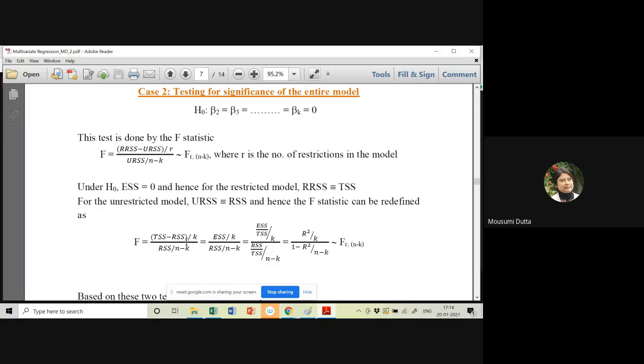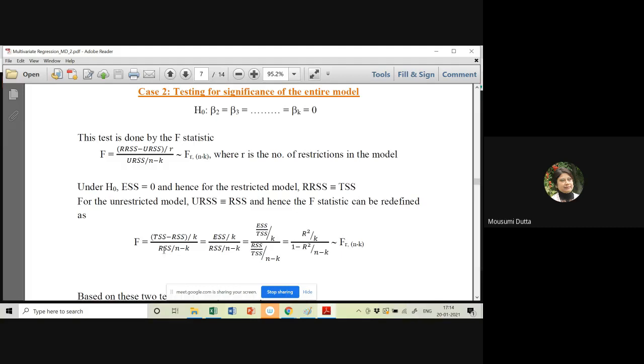Now TSS minus RSS is nothing but ESS. So ESS by k divided by RSS by n minus k. Deflating both numerator and denominator by TSS, in the numerator we get R squared, while in the denominator we get 1 minus R squared. So it is R squared divided by the number of restrictions, divided by 1 minus R squared divided by the degrees of freedom.